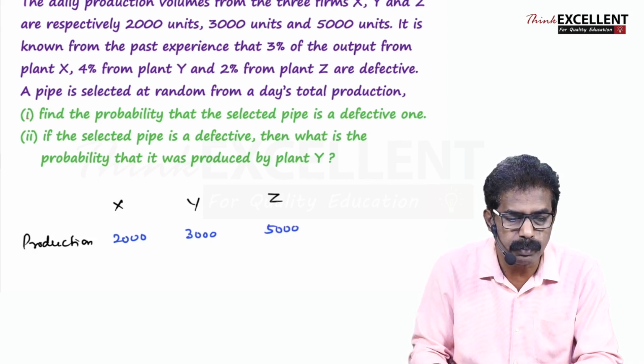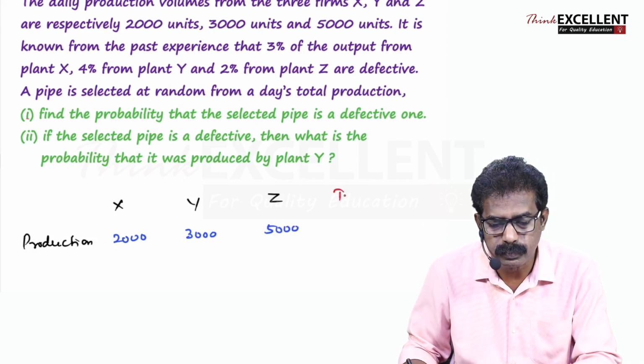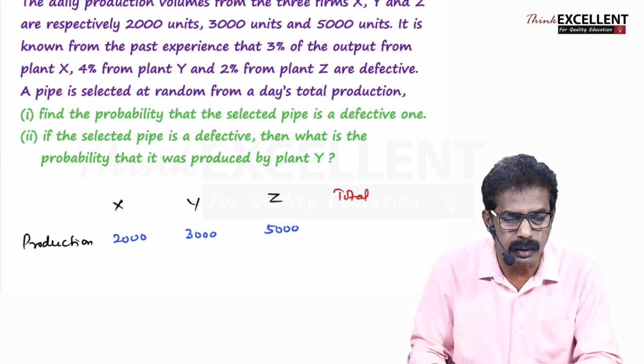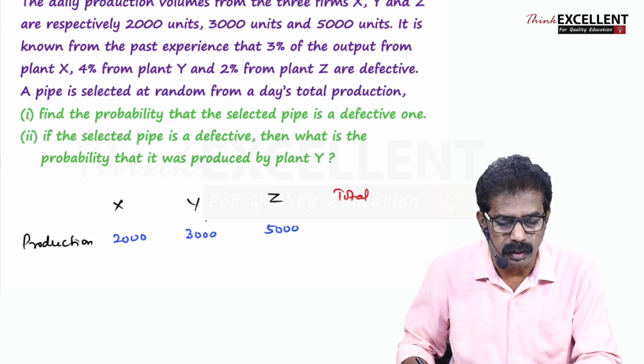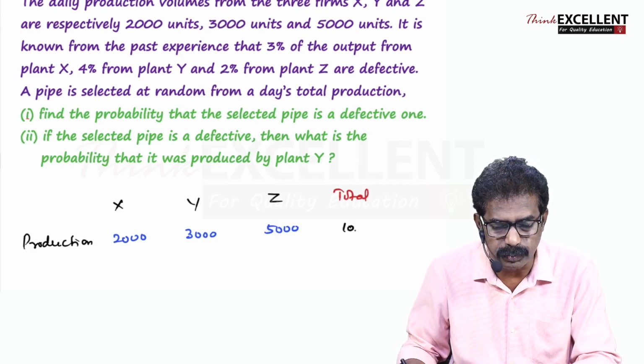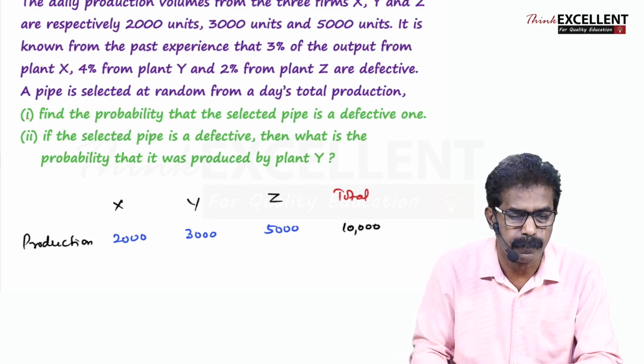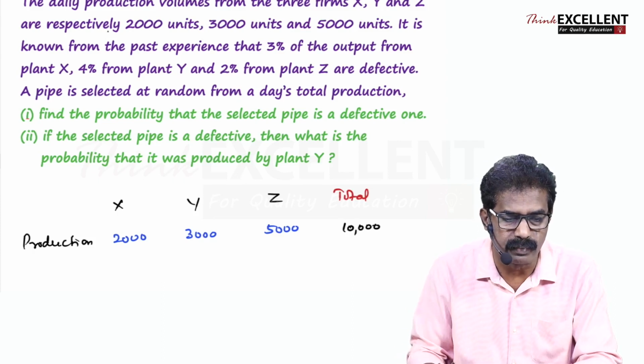So the total production is 10,000, right? Now please listen to what else is given.